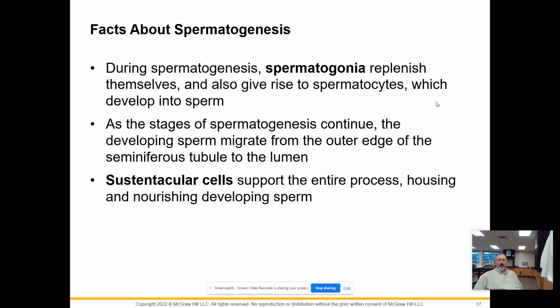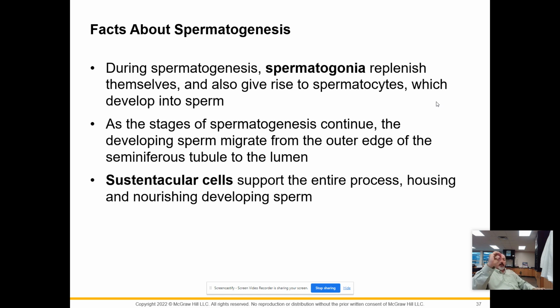So during spermatogenesis, the spermatogonia replenish themselves and give rise to spermatocytes. Those develop into sperm. As the stages of spermatogenesis continue, the developing sperm migrate from the outer edge. Imagine a tube like a garden hose that is cut, and now you're looking down the circular part of that.